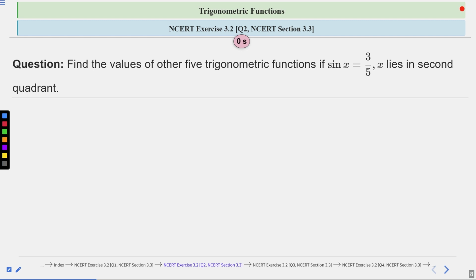Now we can find other 5 trigonometric functions. You all can try to attempt. After that, I'll solve this.